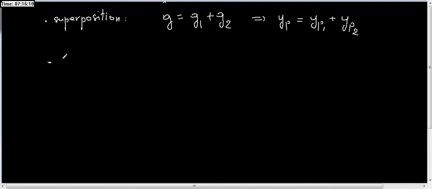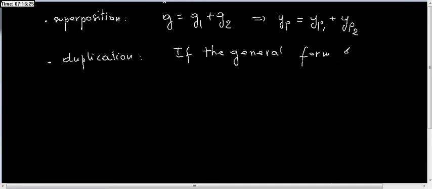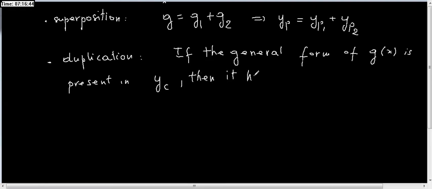But the most important in this part is actually the duplication. So if the general form of g(x) is present in yc, then it has to be multiplied with x.